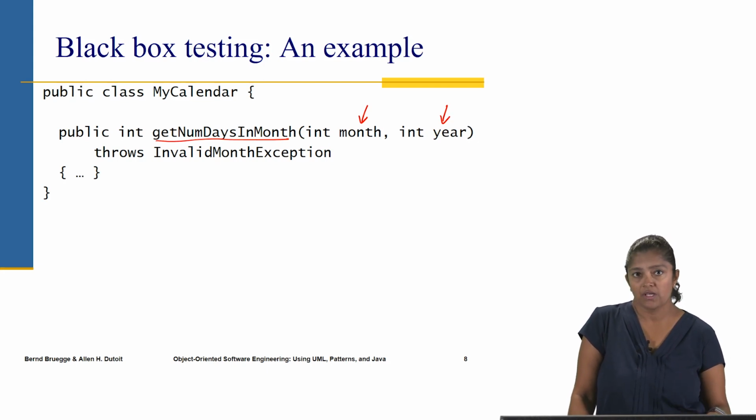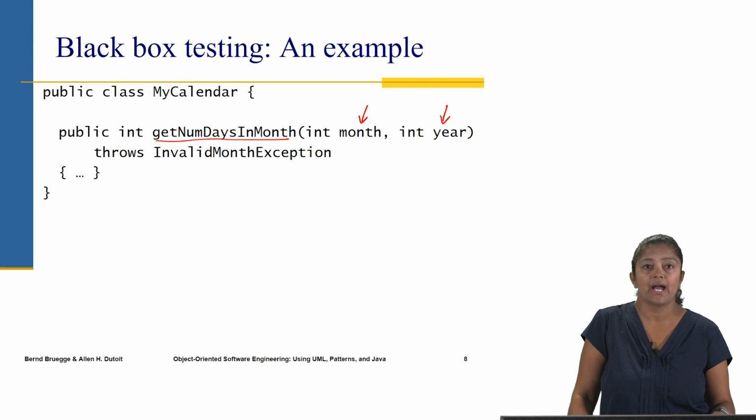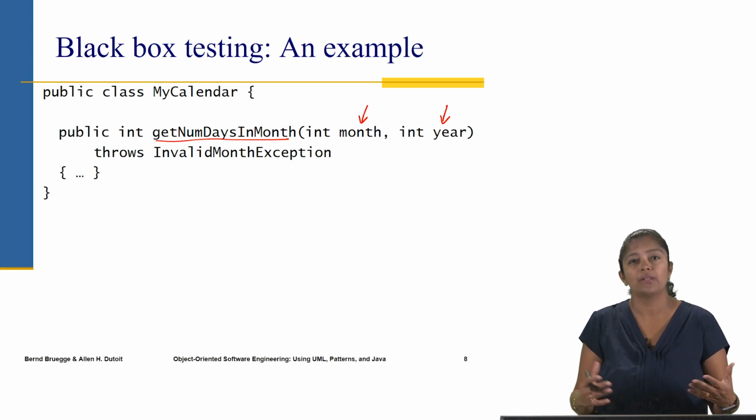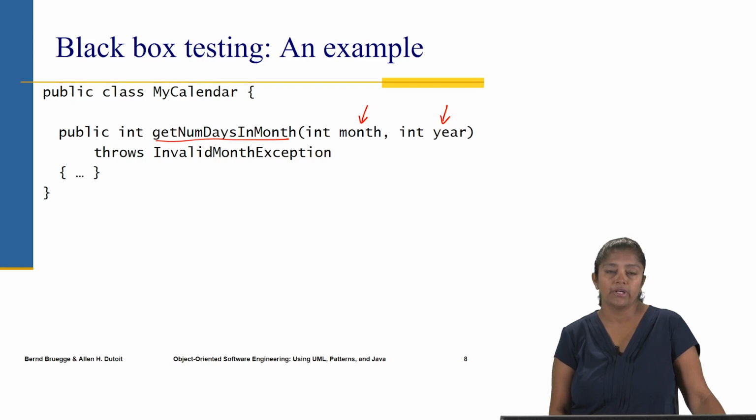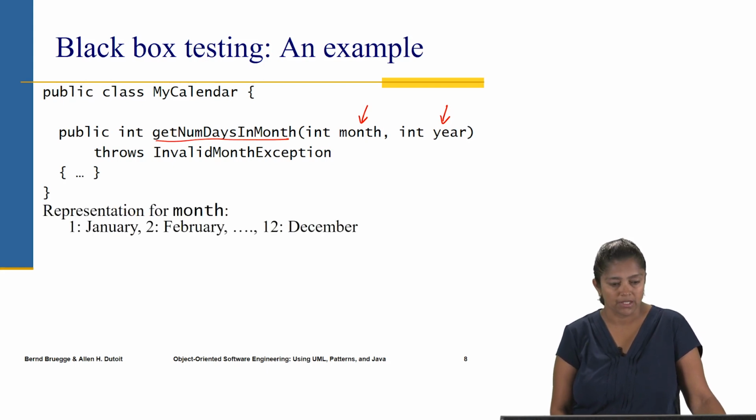Say the implementation has been done. Our goal is to come up with test cases to test this particular method. So let's see what is the ideal number of test cases, and what are the different equivalence classes that we can use in order to do this testing.